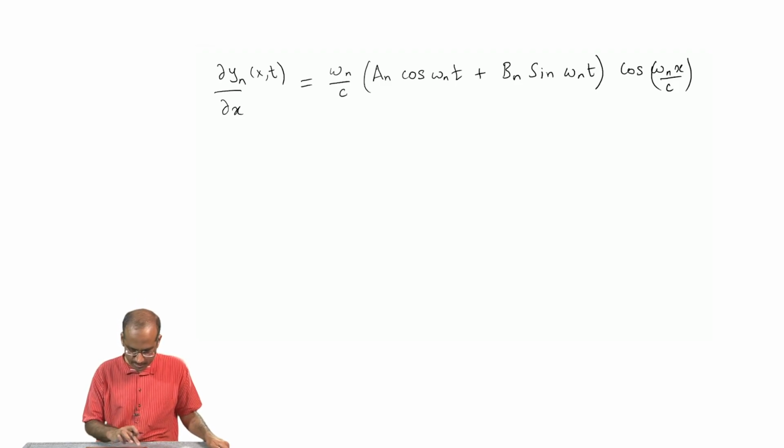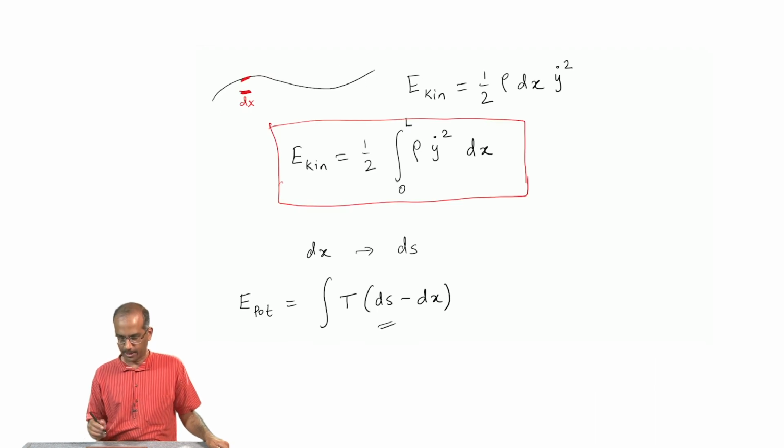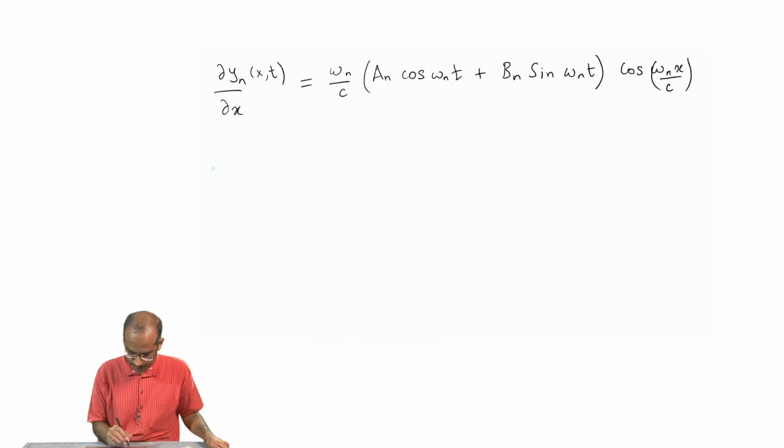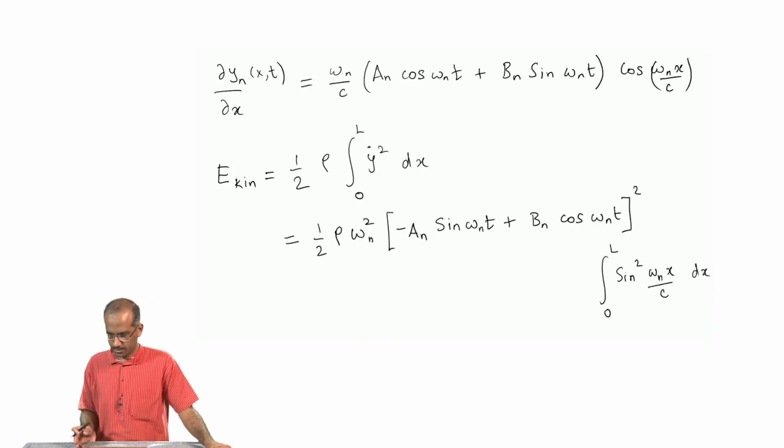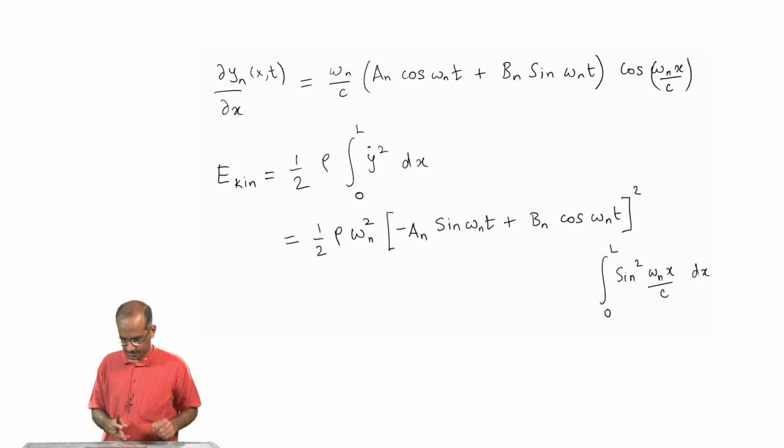Let us first calculate the kinetic energy by substituting y dot in this. So, E kinetic is, I have this what looks like a longish expression for the kinetic energy. Similarly, I will have another one for potential energy. Remember that these are all for the nth normal mode.